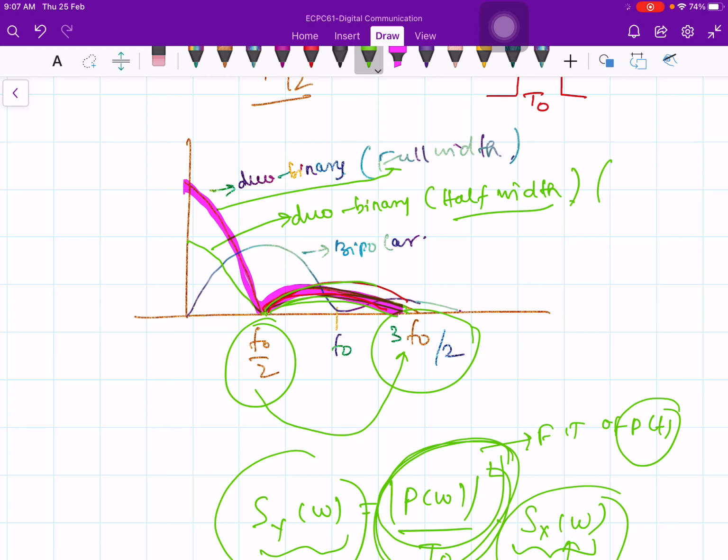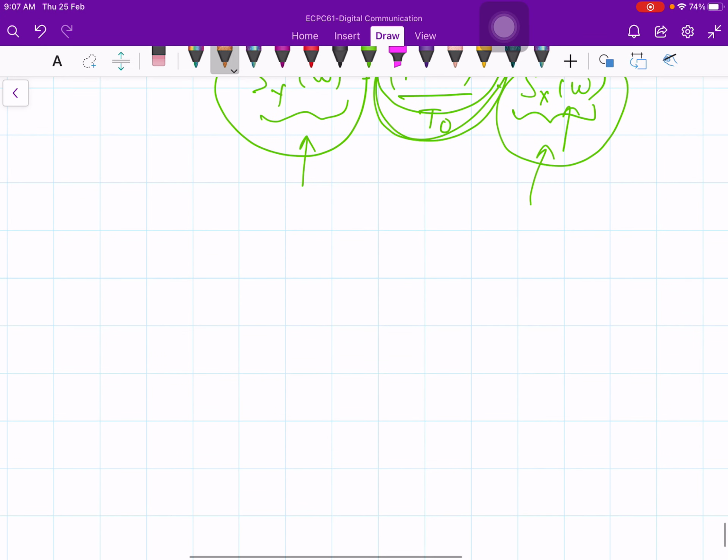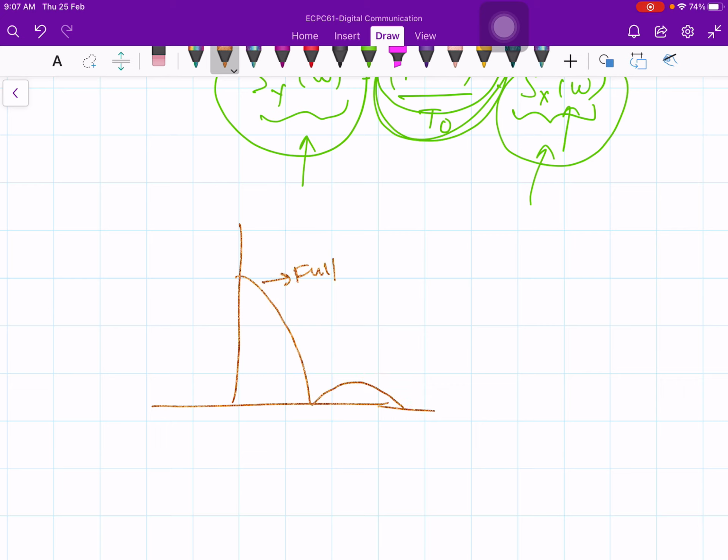The point I am making is not that we should use the full width rectangular pulse. You may or may not use it, but the important point is that one can control the side lobe through proper pulse shaping. This is the full width pulse, and if you take half width, I'm sorry, let me use a different color, half width will be like this.